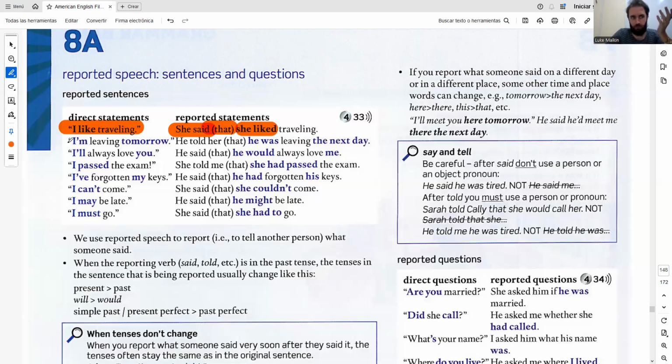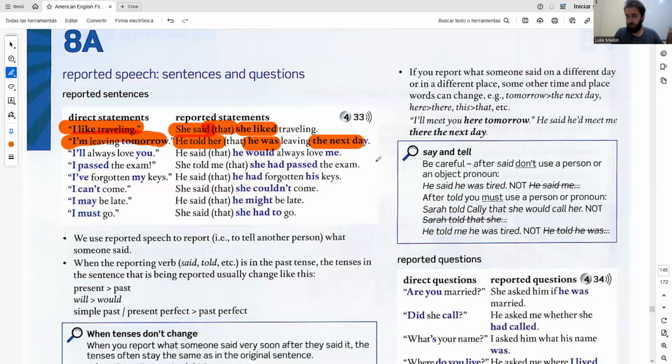A new example. John says, I'm leaving tomorrow. Present continuous. Those are his words. I'm leaving tomorrow. He told her, or he told me, he was leaving the next day. Why? Because the tomorrow was direct, and now maybe the time changed. I'm leaving tomorrow. Well, when did he say that? He meant the next day for my report.